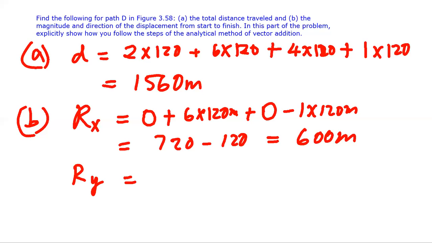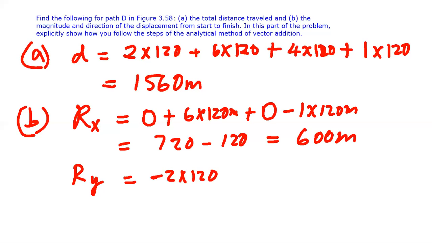So the first displacement is how many blocks in the y direction? 2 blocks, and that is the minus y direction. So minus 2 times 120.